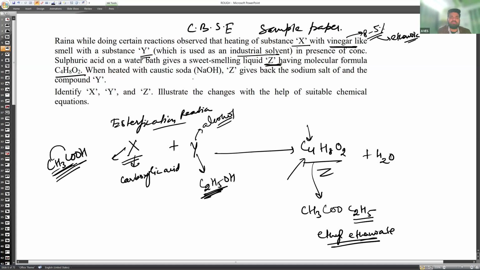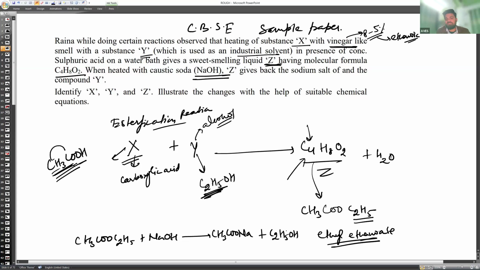Now it is saying that if you treat it with caustic soda, this CH3COOC2H5, when you treat it with NaOH, again it gives you the respective alcohol and the sodium salt of the carboxylic acid, that is CH3COONa and C2H5OH.